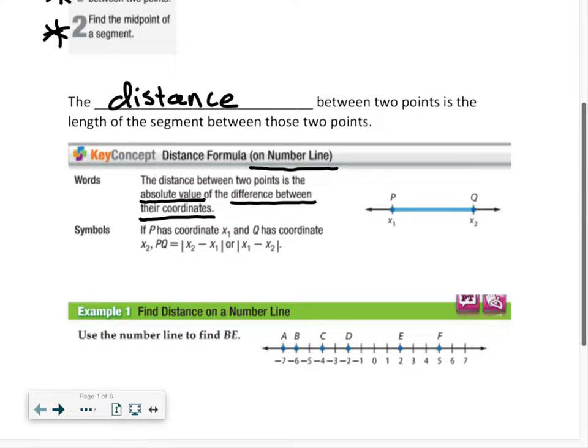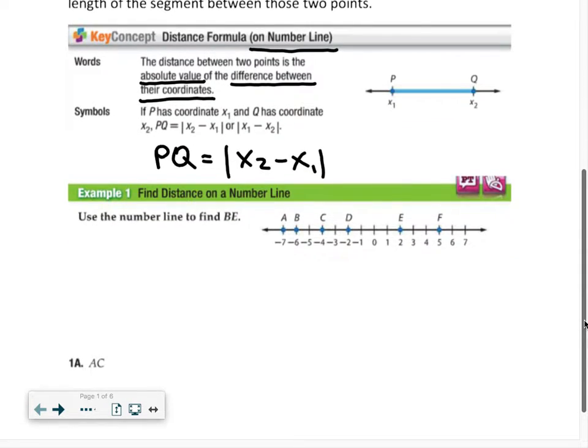So in this example, the distance of PQ is the absolute value of x2 minus x1. You can go x1 minus x2 as well, but it's the absolute value of that difference. So let's use the number line to find BE.